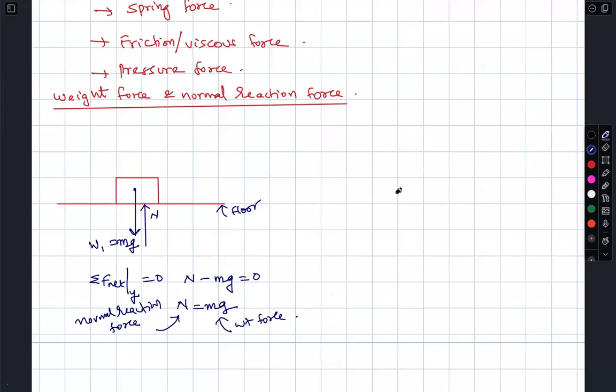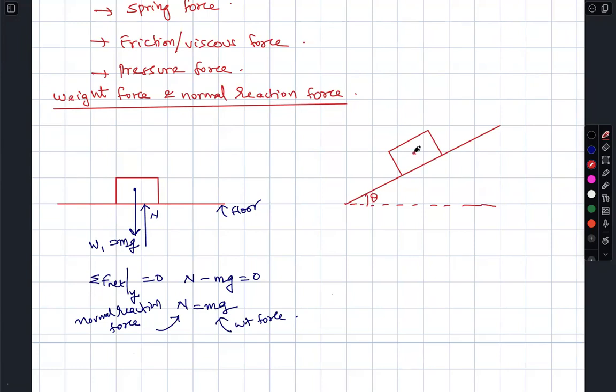Right. Suppose the situation is different, in fact, you have a situation like this. The block is like this, and it's an inclined plane. Then what happens?